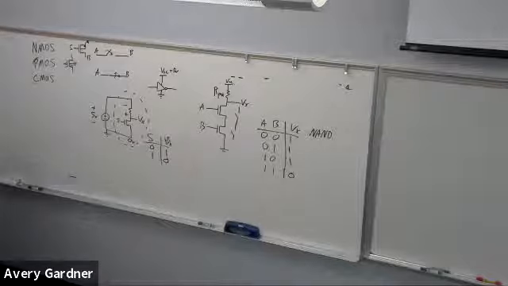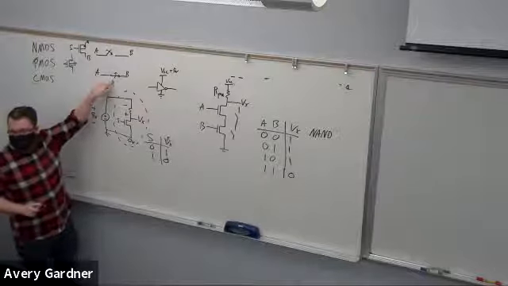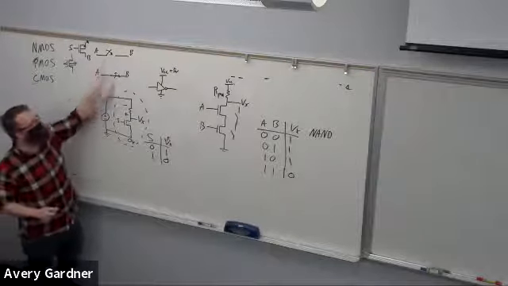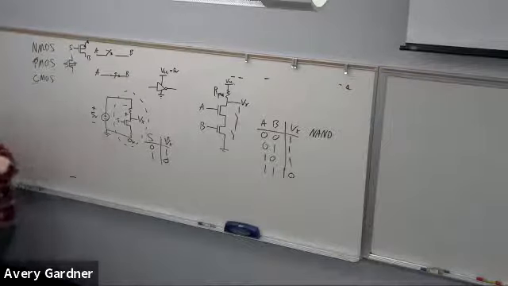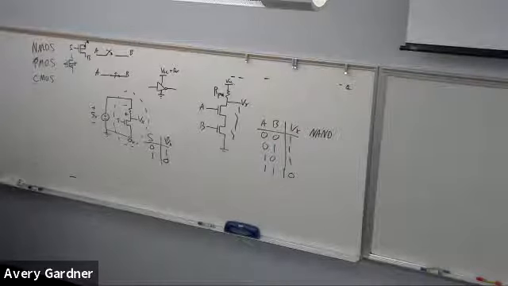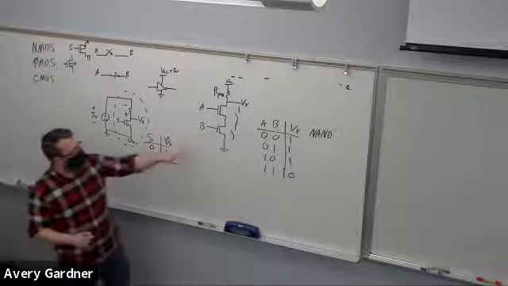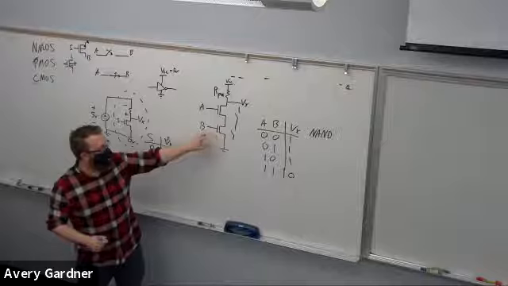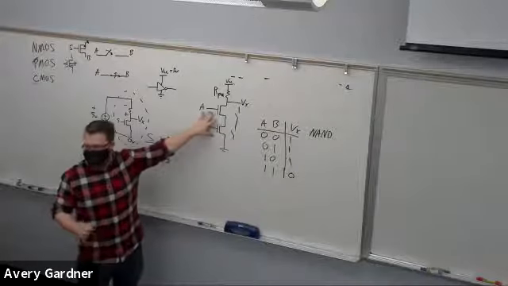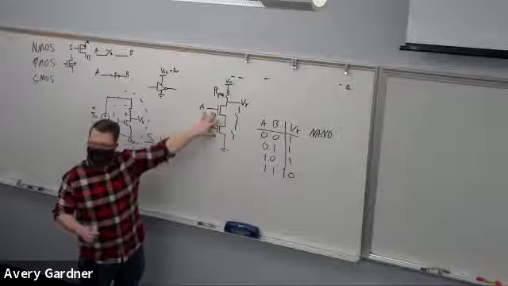For an NMOS, is 0 open or 0 closed? 0 is open. So I've drawn the normal situation, which is what it's doing when 0. And it's NMOS because it's like an N-type semiconductor in the gate, so it pulls electrons in and then it can flow. You'll get to device physics later in the program that talks about why this is true.